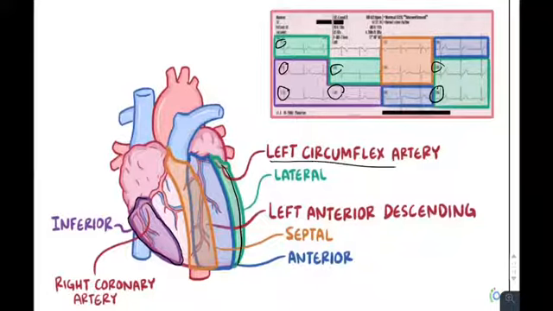The septal leads, V1 and V2, are located on the interventricular septum, and V3 and V4 are located on the anterior part of the heart, which are both supplied by the left anterior descending artery.